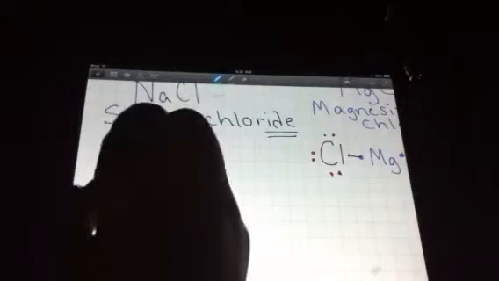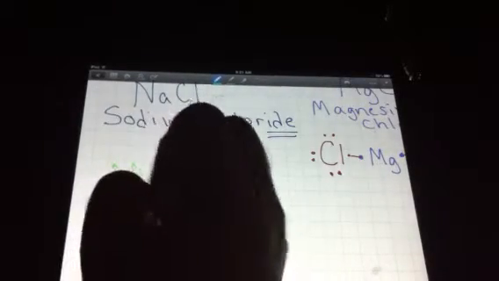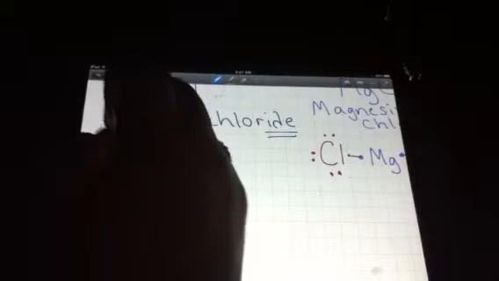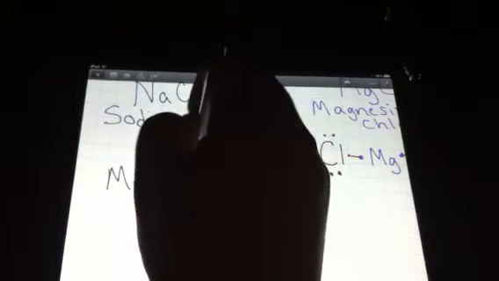Here's the other thing. What happens whenever I have a polyatomic? I'm going to change it to a little bit darker. Okay, so here's magnesium. And we already said it had a +2 charge. If I have a polyatomic, here's what I want you to do. I want you to put in parentheses, because that's 1 unit.